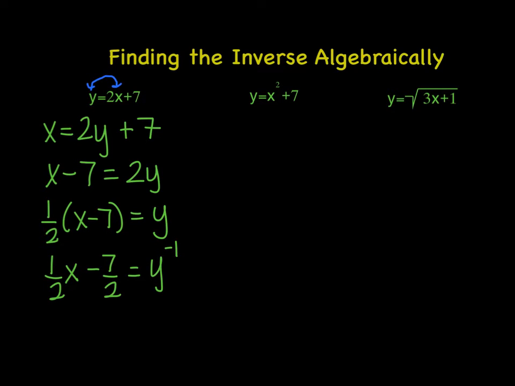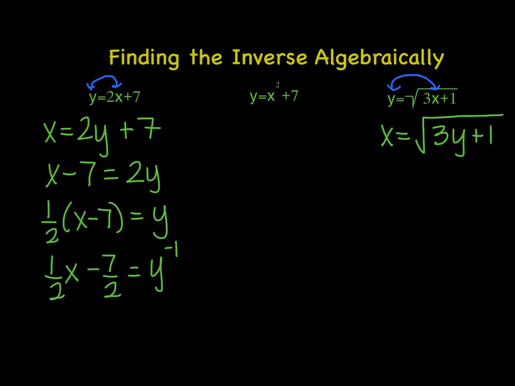Let's try this one over to the right. So again, the first thing I'm going to do is just physically switch the x and the y. And now solve for y.